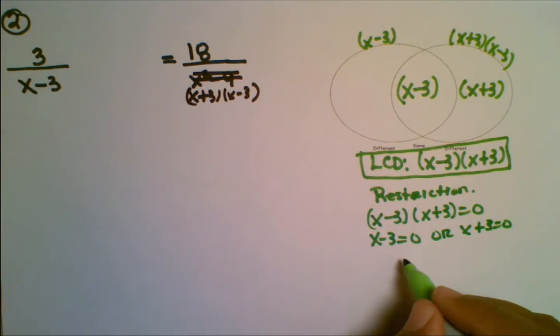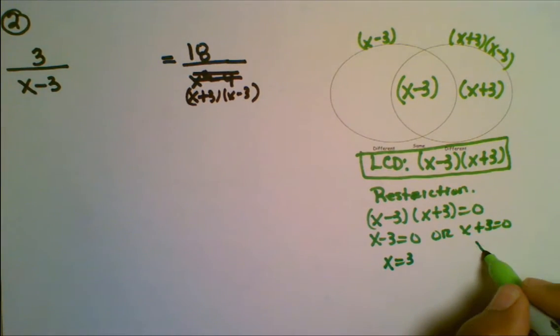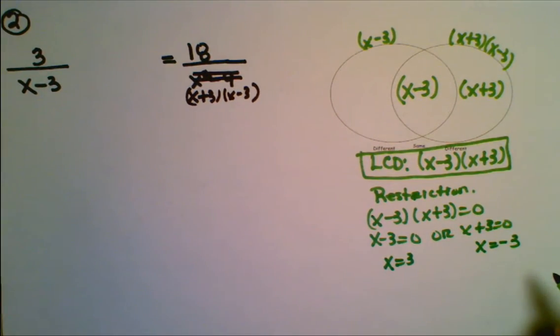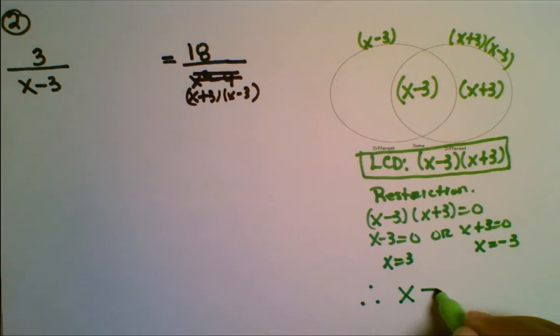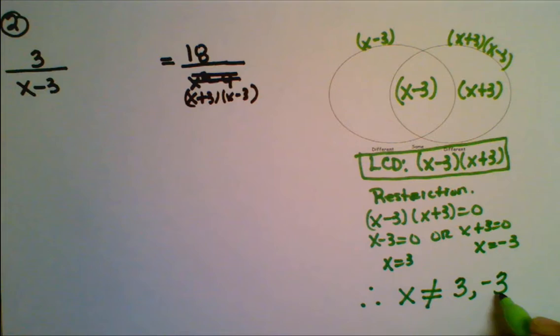So x minus 3 is equal to 0, therefore x is 3. x plus 3 is equal to 0, therefore x is equal to negative 3. Therefore, x cannot be, this means does not equal, a positive 3, nor can it be a negative 3. So that is our restriction.